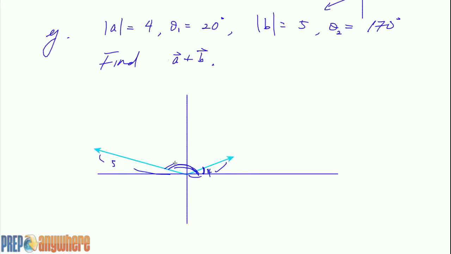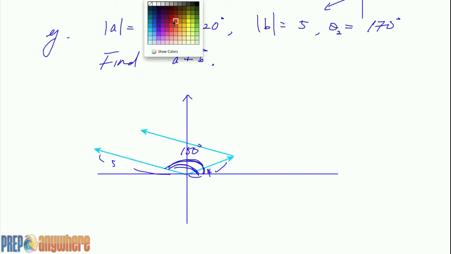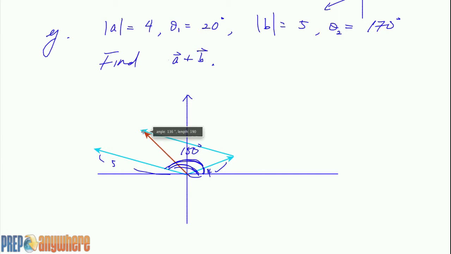So what's the actual angle between the two? 170 minus 20 is 150. Make sense? So visually, A plus B will look like this. Let me change color. That's the vector.